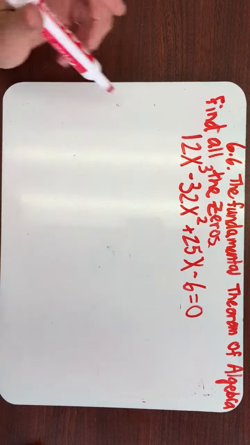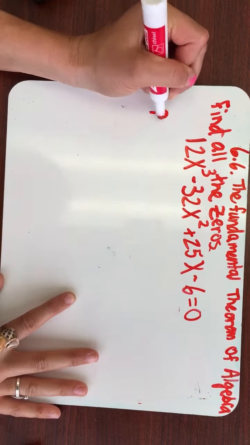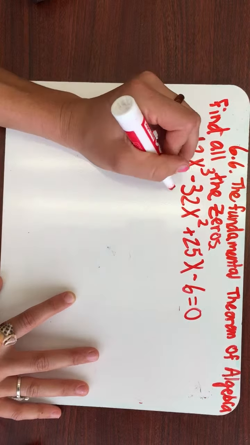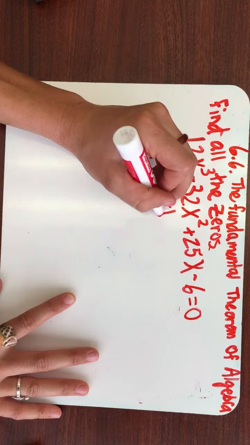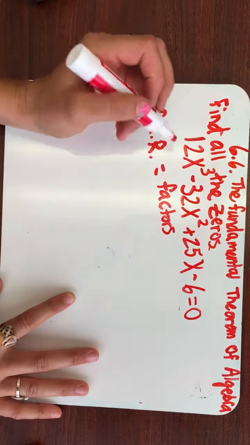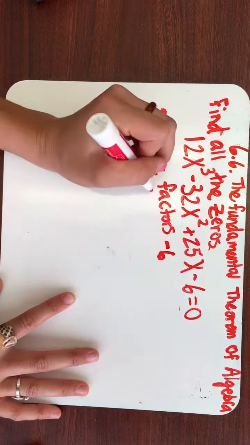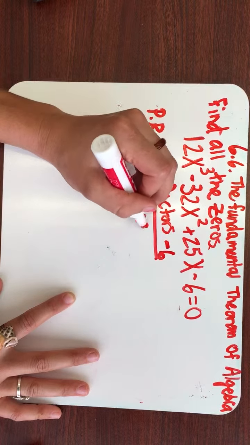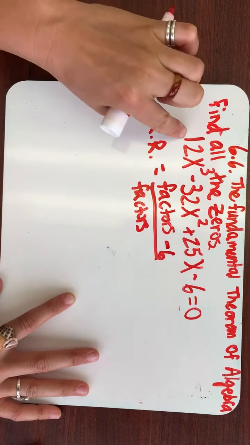Okay, so we can start by listing the possible rational roots. The possible rational roots will be the factors of our constant, which is a -6, over the factors of our leading coefficient, which is a 12.